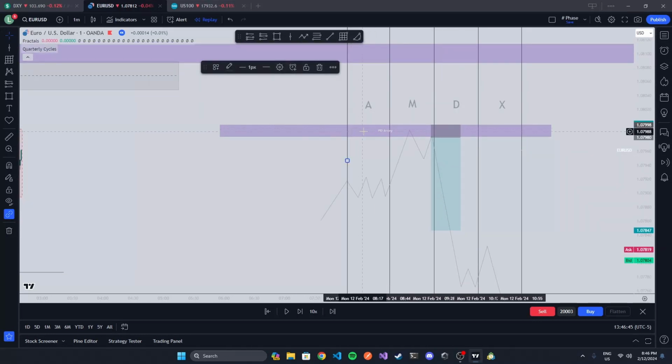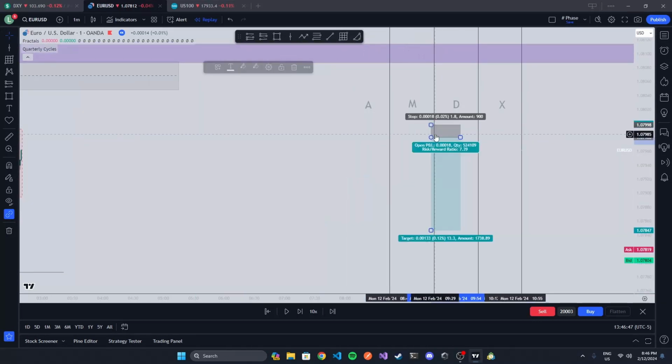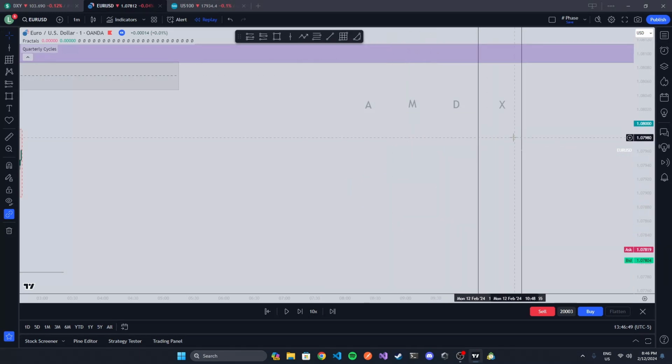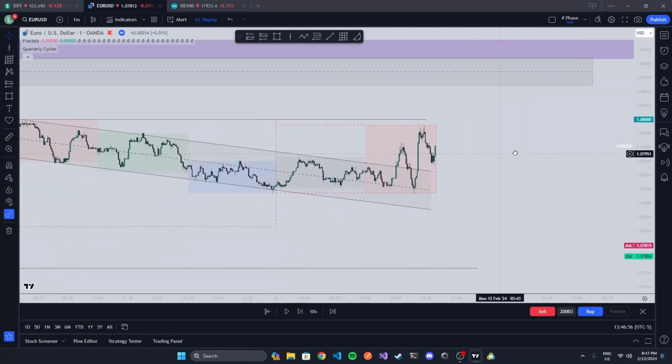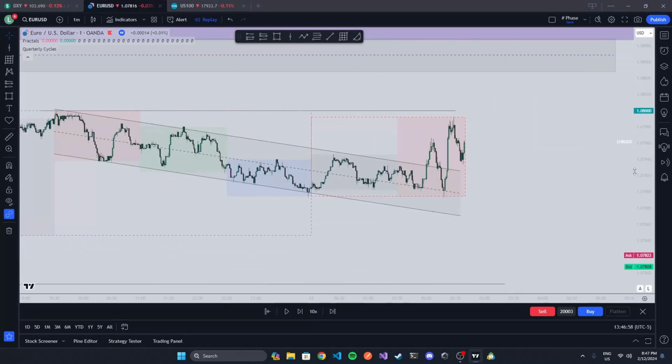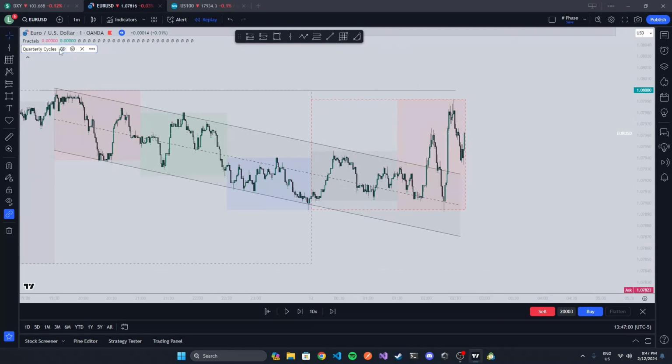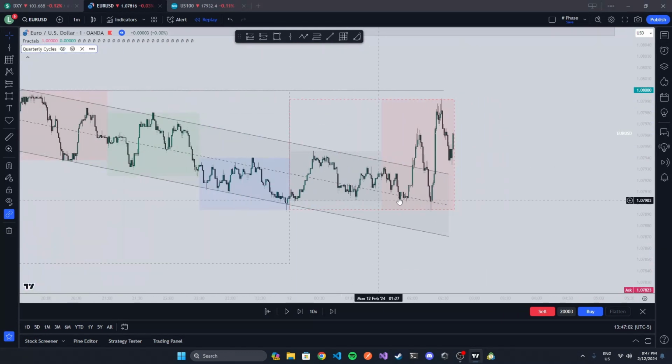So if I just remove these for now, I could show this and how I did this in real time on the real charts. Okay, so this morning I'm using this indicator called quarterly cycles, which basically simplifies drawing out these quarters.